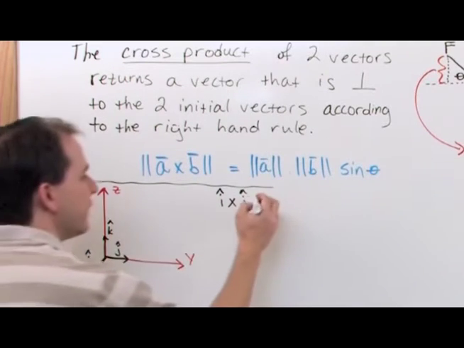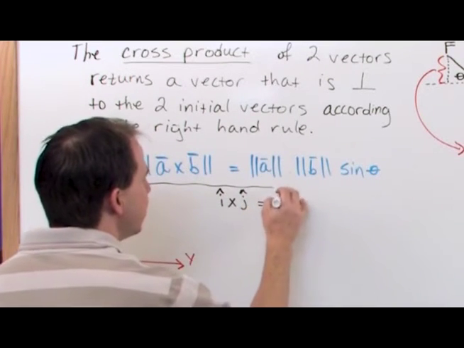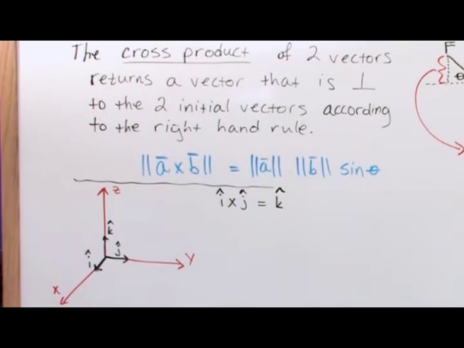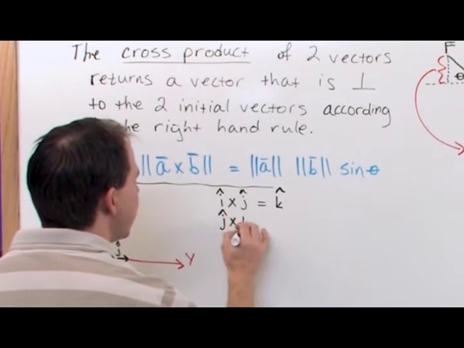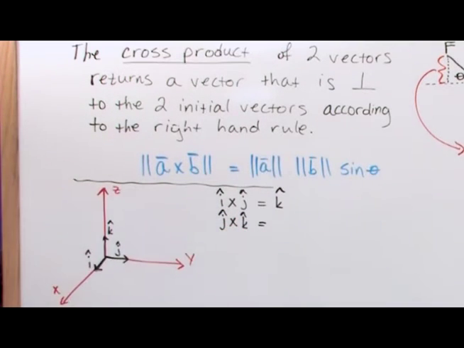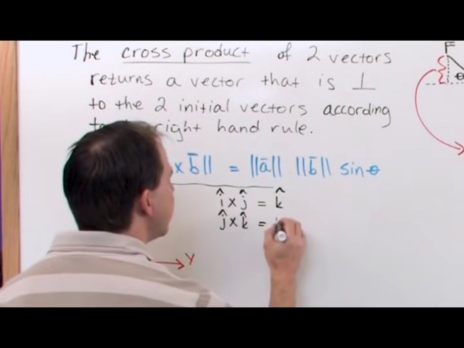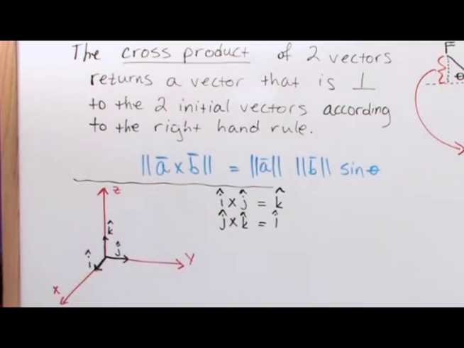That means i cross j is going to be the k vector, simply because of the right-hand rule. Now, similarly, j crossed with k: if you cut into j and cross into k like this, you'll be pointing out of the board, and if you look at the drawing, that's simply the i vector. So j cross k is the i vector.